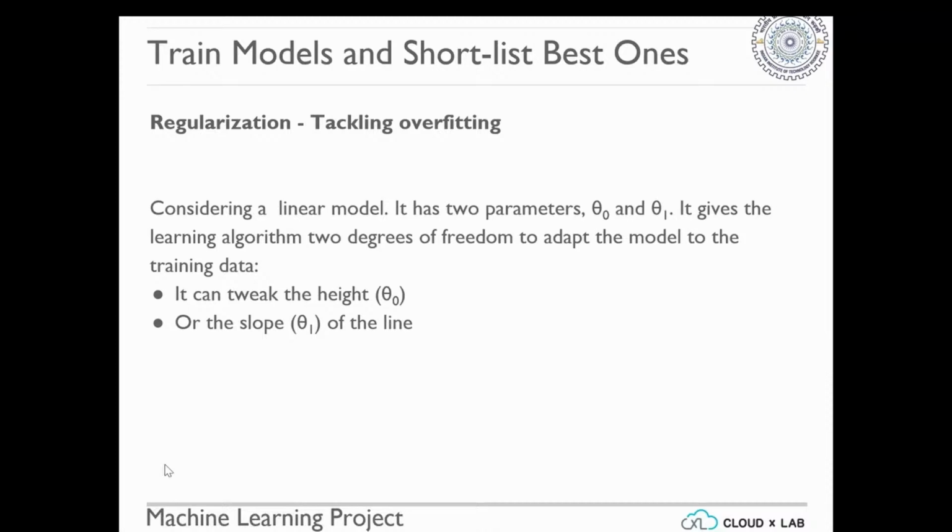Okay, so let's take a linear model example. A linear model has two parameters, theta 0 and theta 1. For example, y is equal to mx plus c. This is the equation of a line, which is a linear model, right? Here y is the output, m is the slope, and c is the intercept.